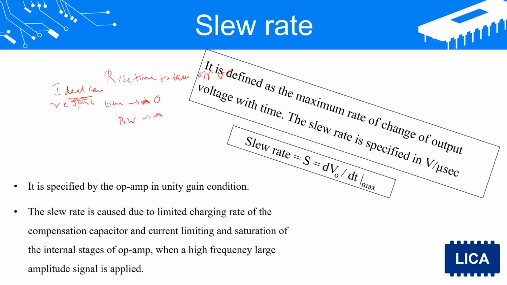This is for the ideal case. But for a practical case, rise time will be different. For a large signal, VM will be greater than 1 volt. For a small signal, VM less than 1 volt.